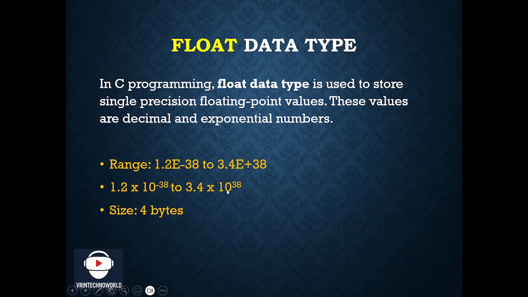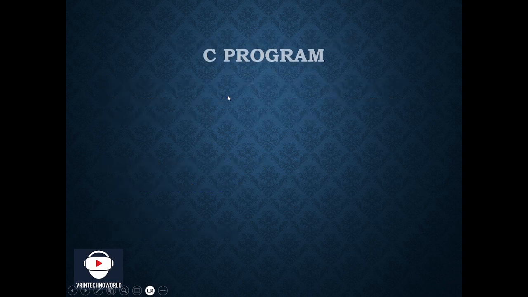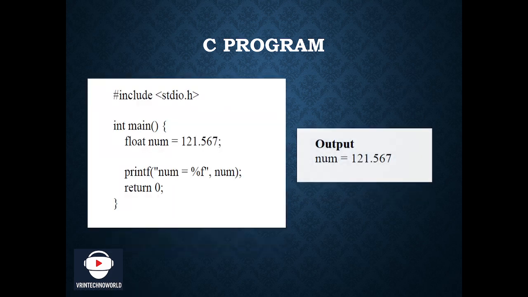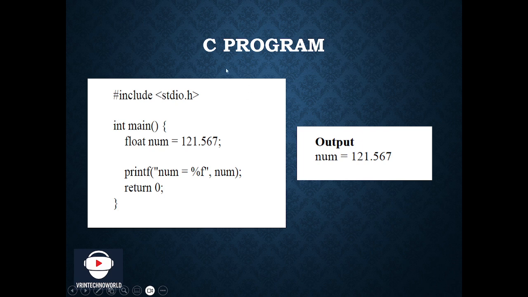Now the next question that arises is, what is the size of it? The size of the floating point data type is 4 bytes. Now what is the format specifier? As I have already told you, the format specifier is %f in case of float. Now the program based on the floating point value.